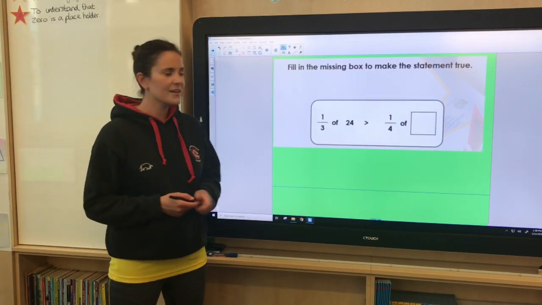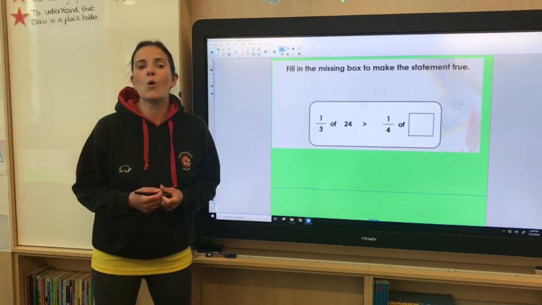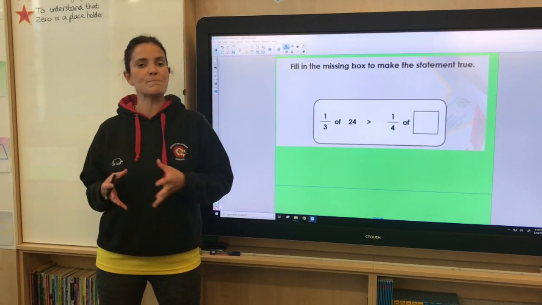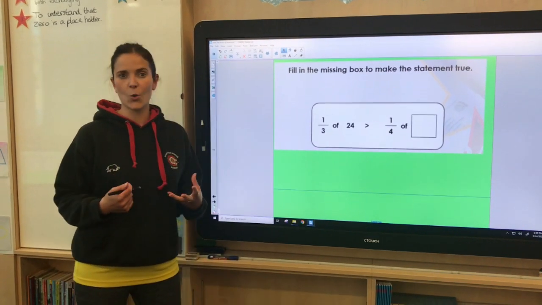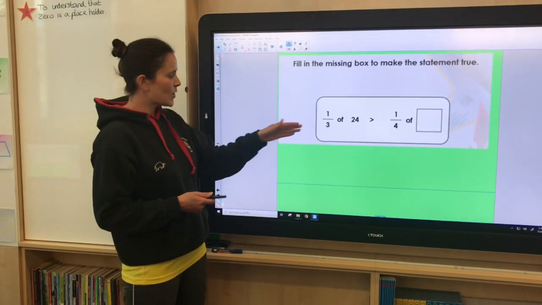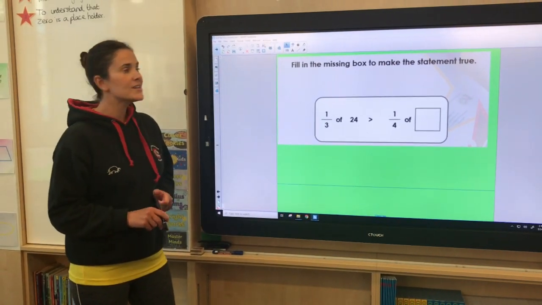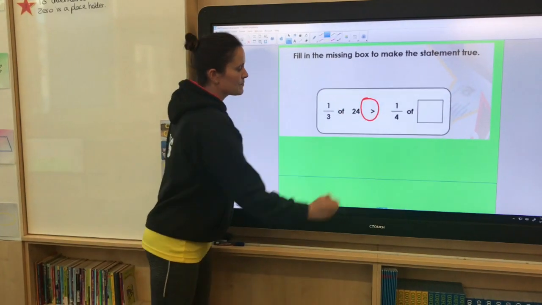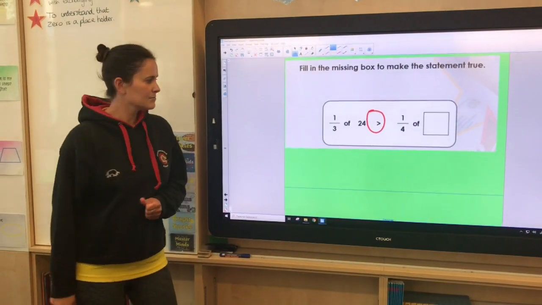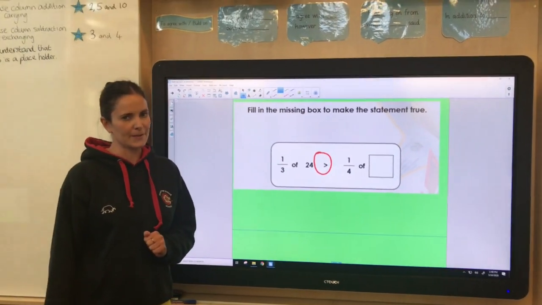It can look quite complicated. My advice would be to read this question out loud so that you remember what all the individual parts of it mean, and then you'll find it much easier to approach as a whole question. So this question says 1/3 of 24, then there's this symbol here, is greater than 1/4 of something.